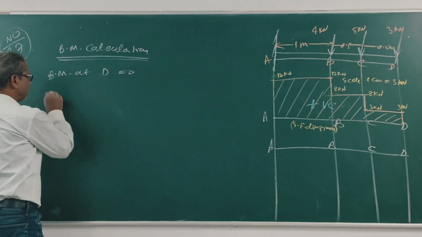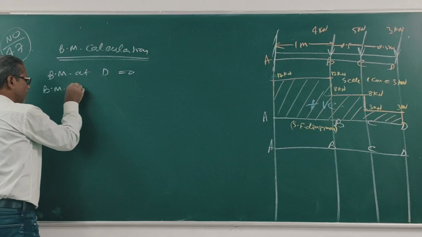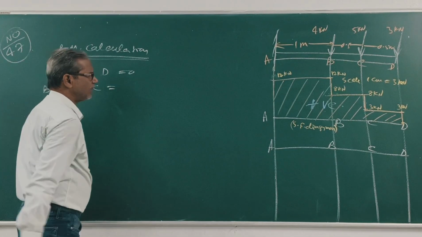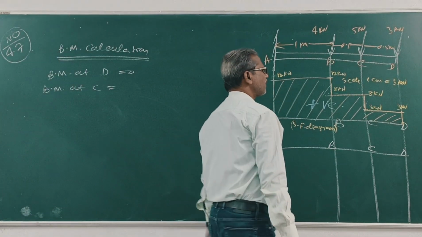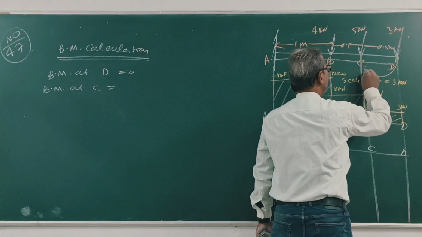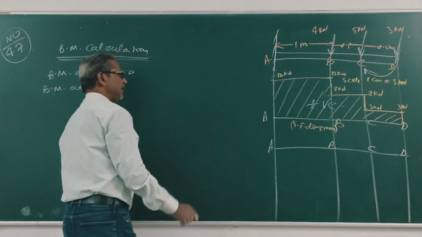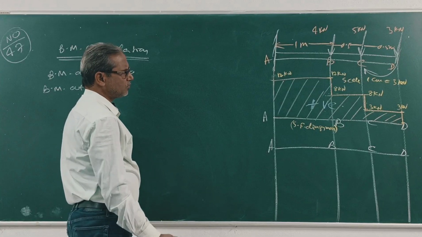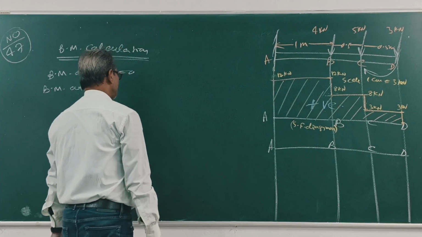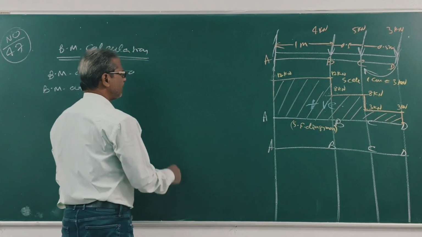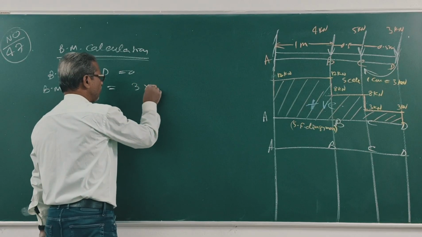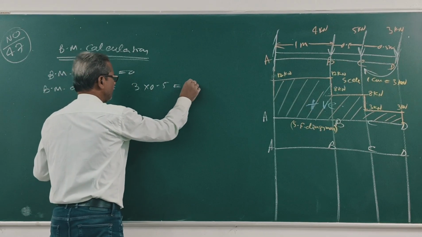At C, 3 kilonewton into 0.5 and 5 into 0, so 1.5 kilonewton meter.